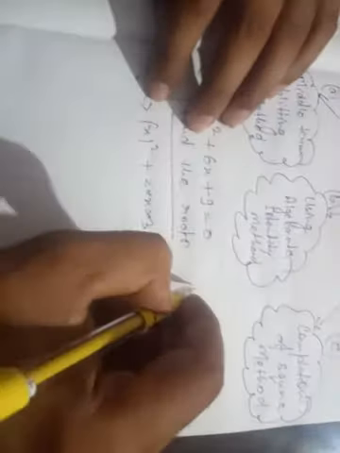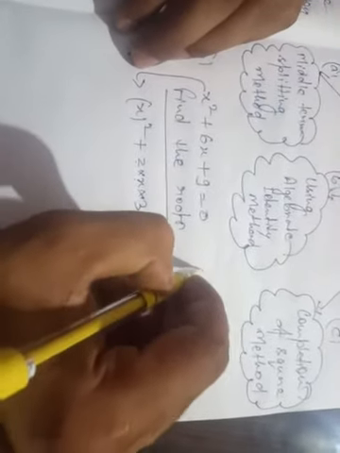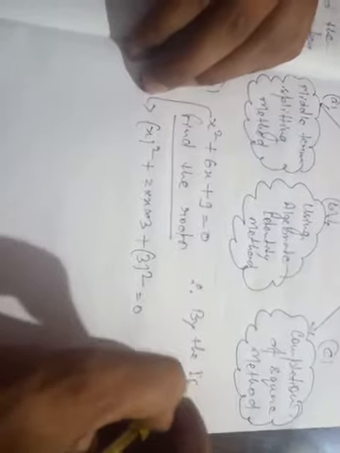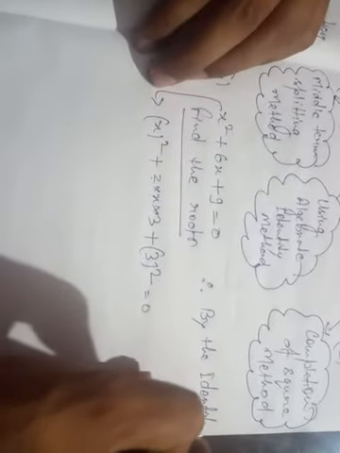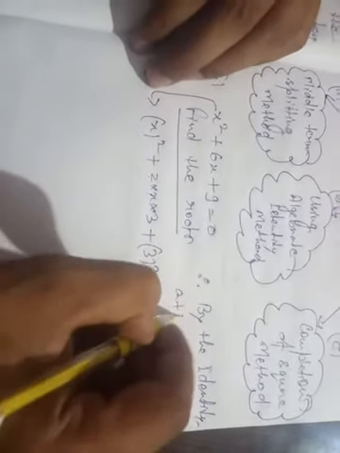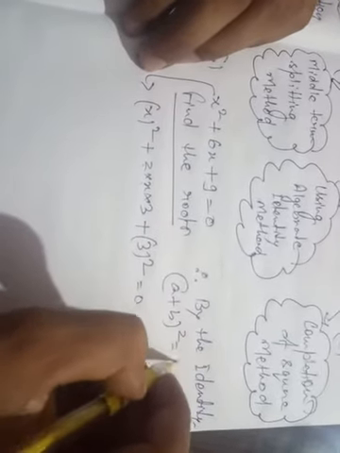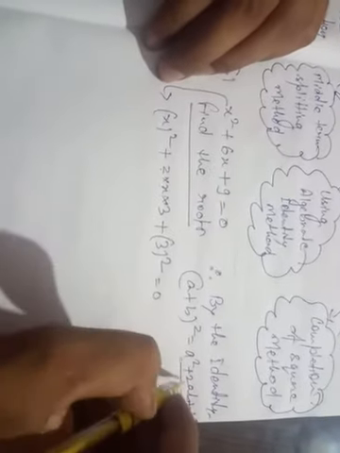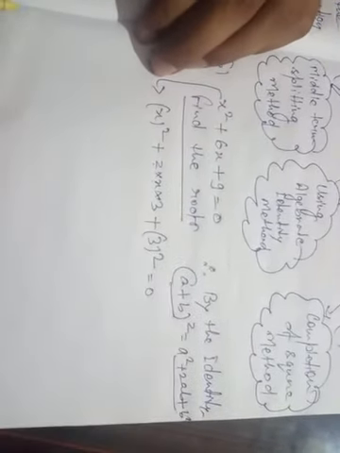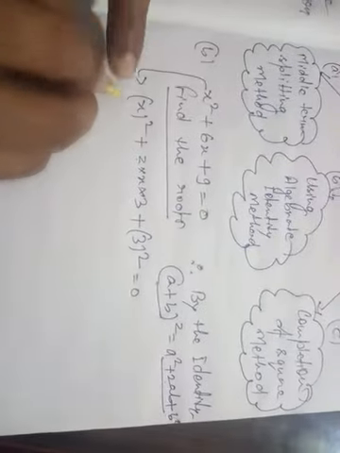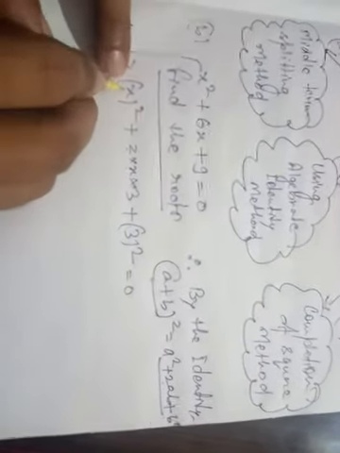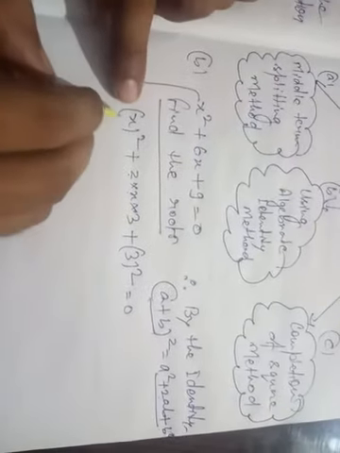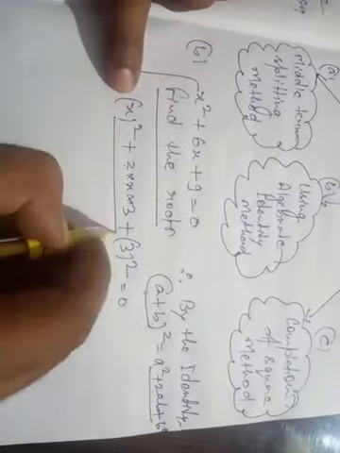So you can see the formula, by the identity whole square of a plus b, that is a square plus 2ab plus b square, is equal to whole square of a plus b. So you can see here that in place of a we have x and in place of b we have 3. So you can compare this portion with this portion.